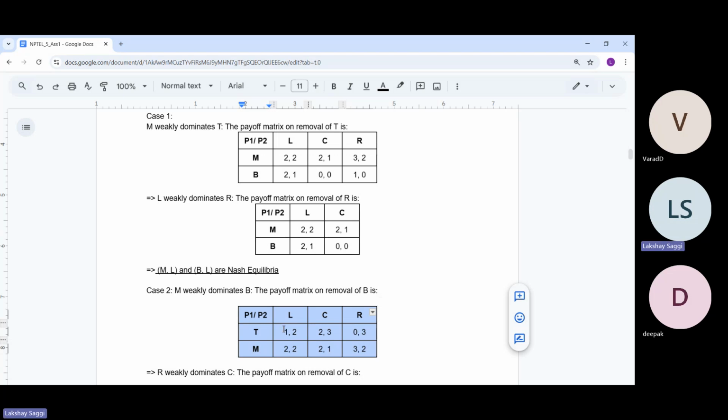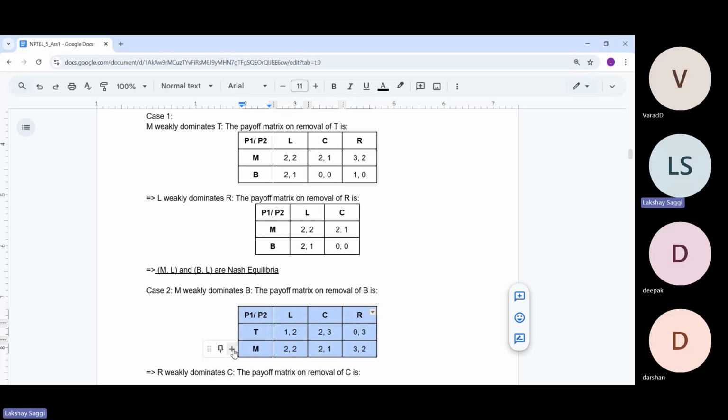Okay, so here in this payoff matrix, I'll be claiming that the strategy R actually weakly dominates the strategy C. So let's see how this holds between R and C. These are the strategies for the column player.